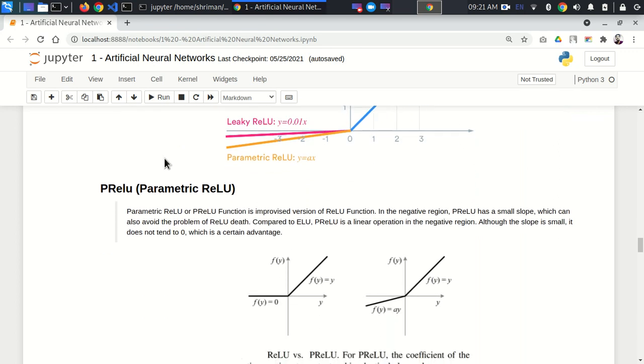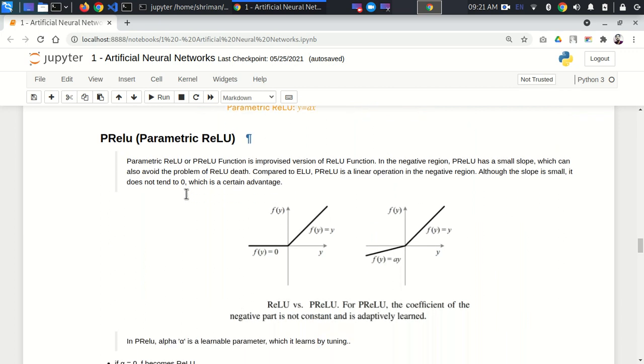Now there is a parametric ReLU. So in terms of Leaky ReLU, we have introduced 0.01x, but some people were arguing, why 0.01x? We can try to assign any kind of value.